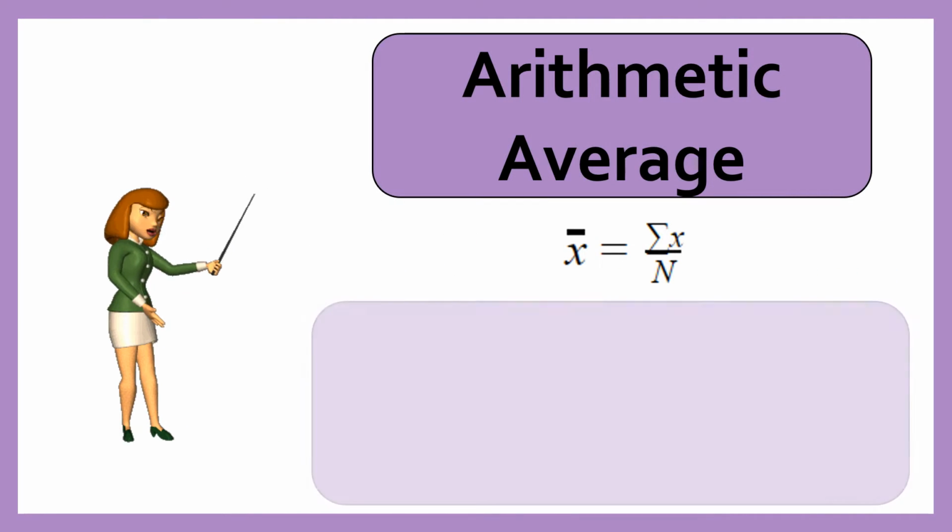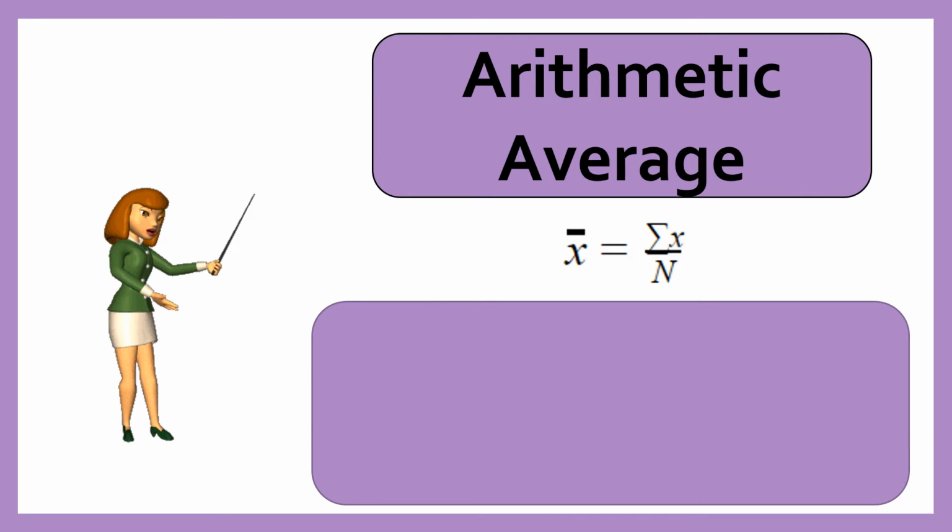Arithmetic average. An arithmetic average may be defined as the quotient obtained by dividing the total of the values of a variable by the total number of their observations or items. The fundamental formula of its calculation is given here.